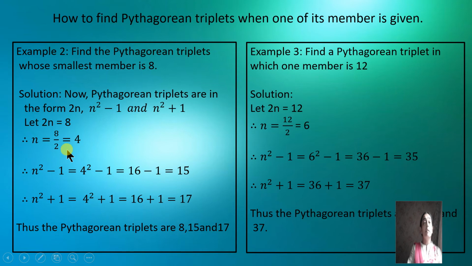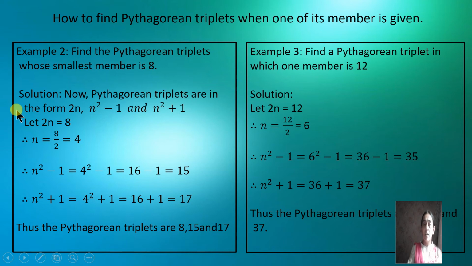And the third number is n square plus 1. Now, what is n? 4. So, 4 square plus 1, which is equal to 16 plus 1, and that is equal to 17. So, thus the Pythagorean triplets are 8, 15 and 17.